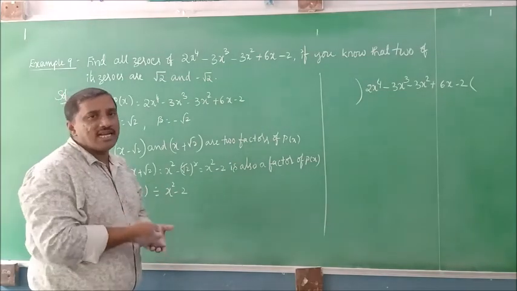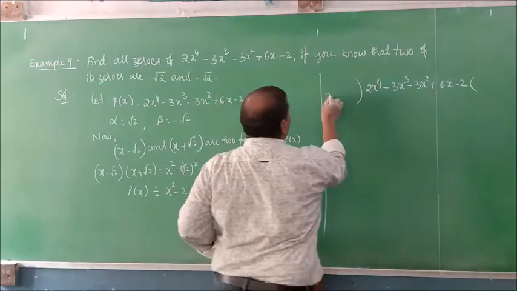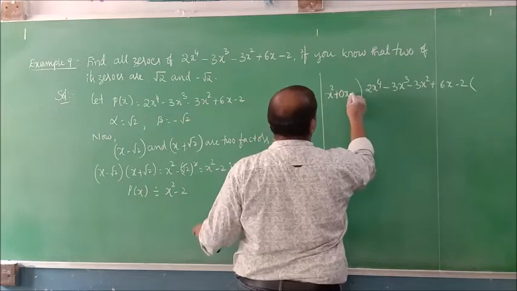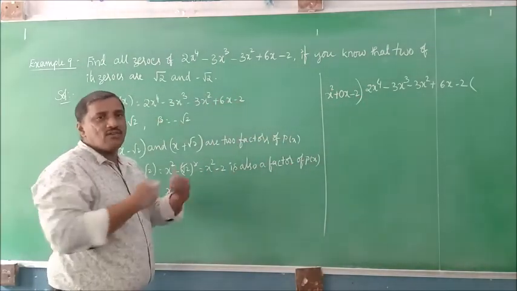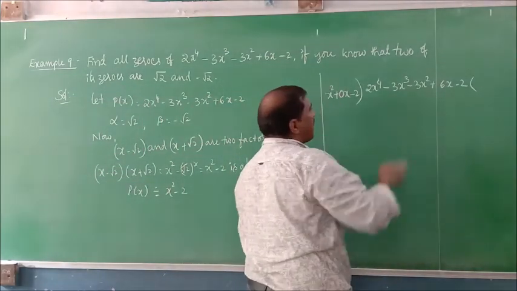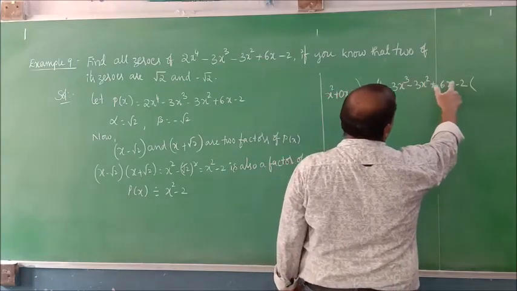So we will take that as 0, or we will leave the gap. Therefore it is x square plus 0x minus 2. How did we get this 0x? As the x term is missing, we have taken it as simply 0, or 0x also you can take. Now you see the decreasing order of the powers: 4, 3, 2, 1 and 0.